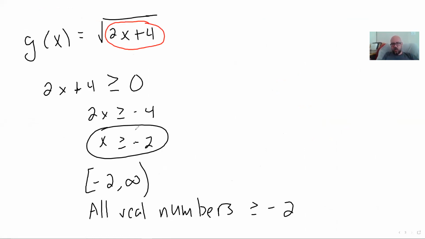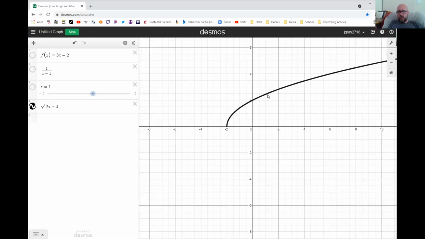Similarly, when I say x is greater than or equal to negative 2, what that looks like is you get points for all the x values that are greater than negative 2, and you don't when it's less. Right? So when I look at this graph, I can see that my domain is all the x's that are greater than negative 2, because that's where all the points are, and not where x is less than negative 2, because that's where the points are not.